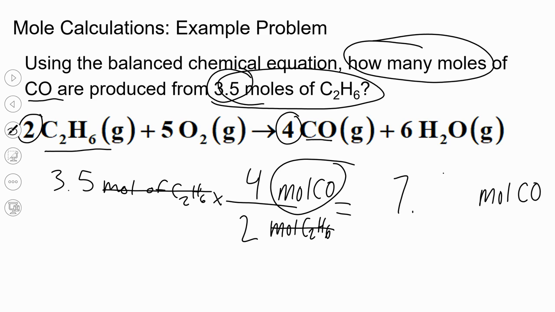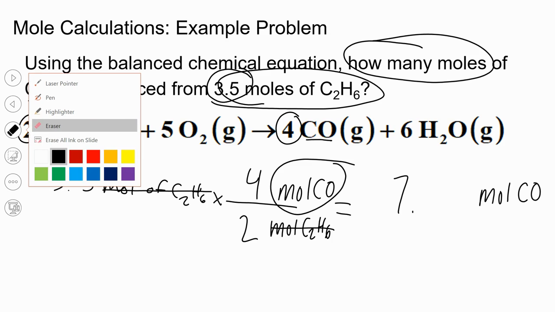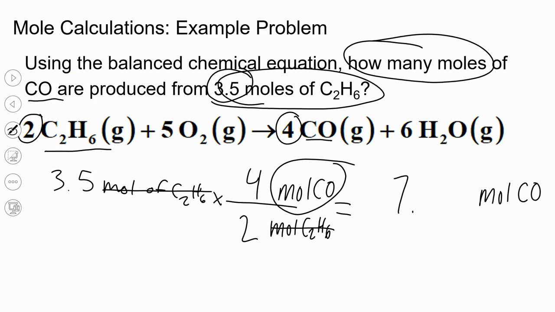So I need 2 sig figs, 7.0 moles of CO2. So this is telling me, based on this chemical equation, if I start with 3.5 moles of C2H6, I should end up with 7 moles of CO.